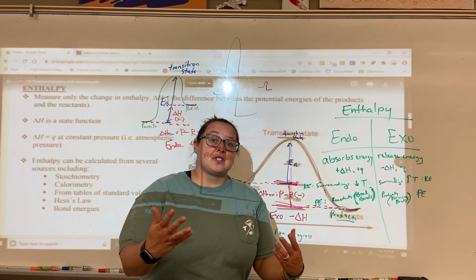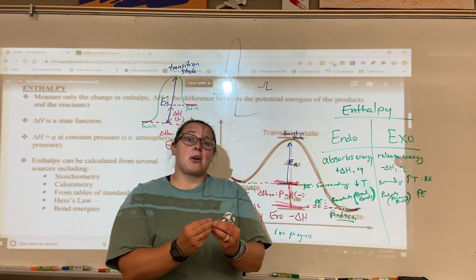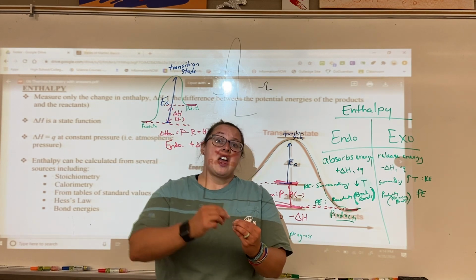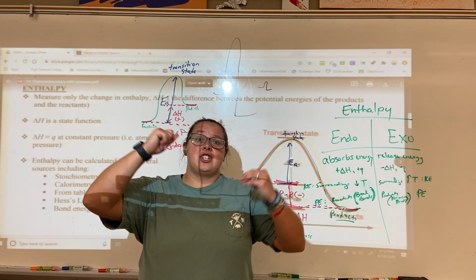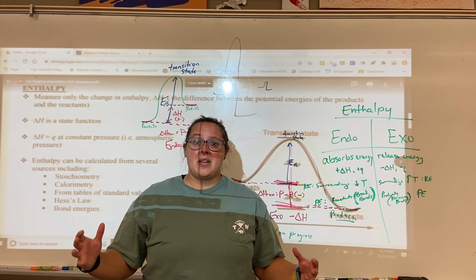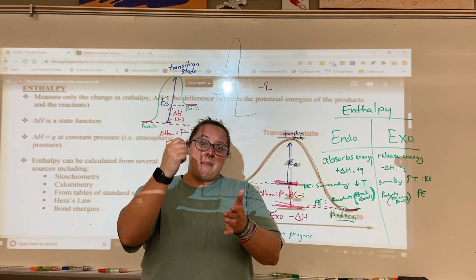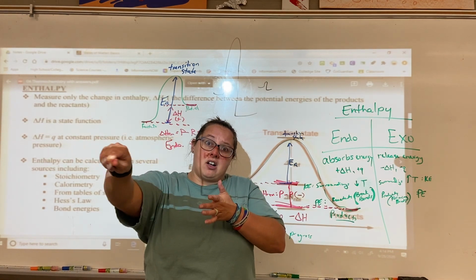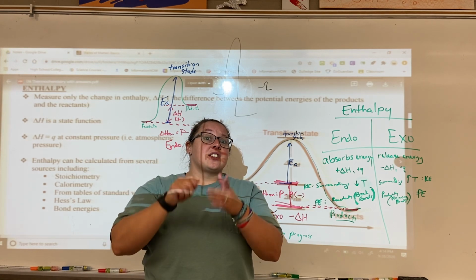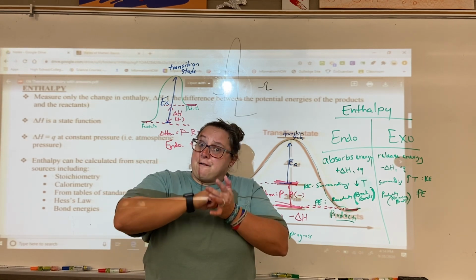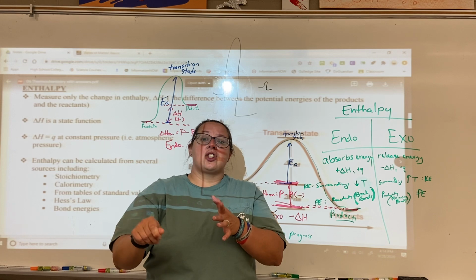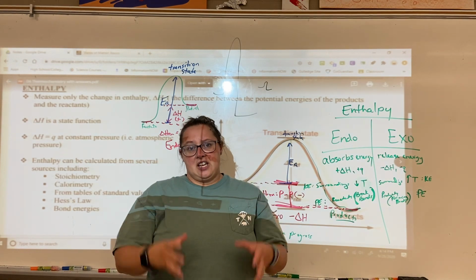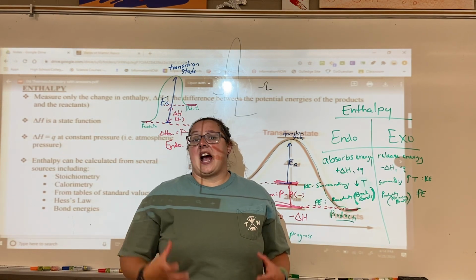Examples of this: the spark plugs in your automobiles provide activation energy for the reaction to happen. If I were to take a match and strike it on the matchbox, that is also an example. The friction from striking the match provides activation energy for that reaction to actually happen.